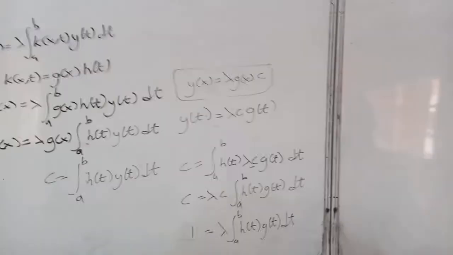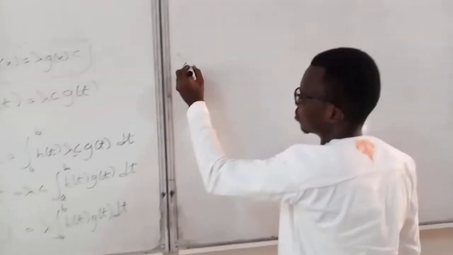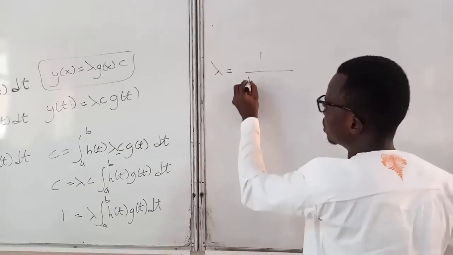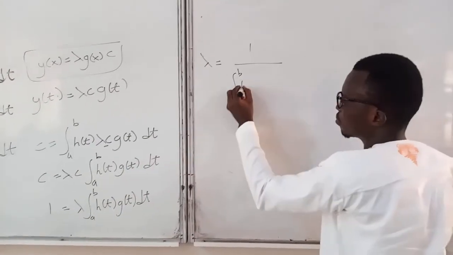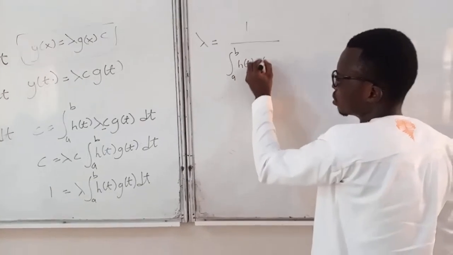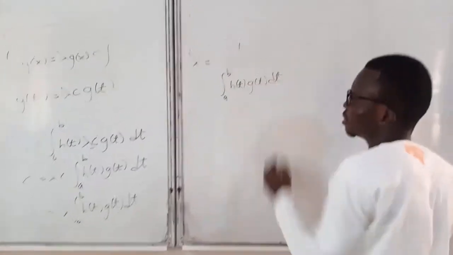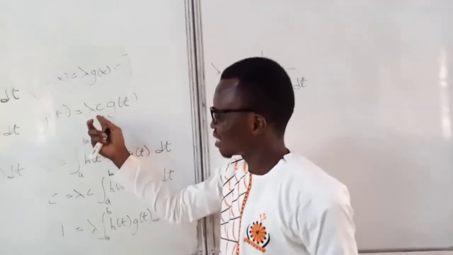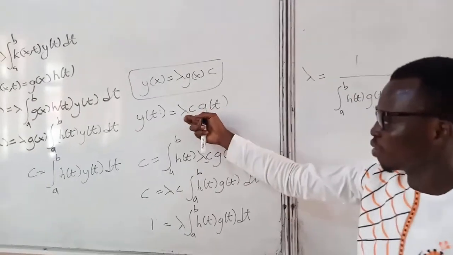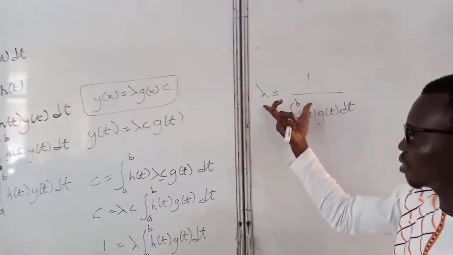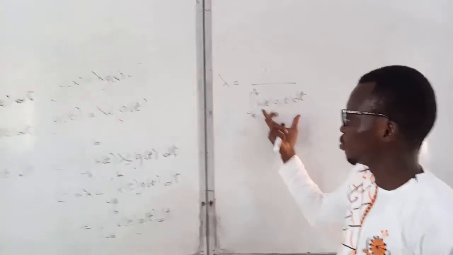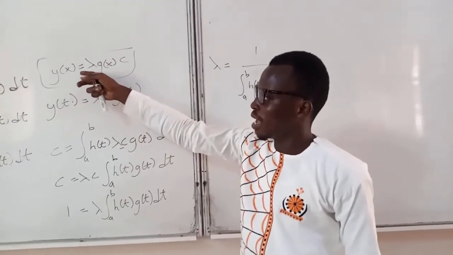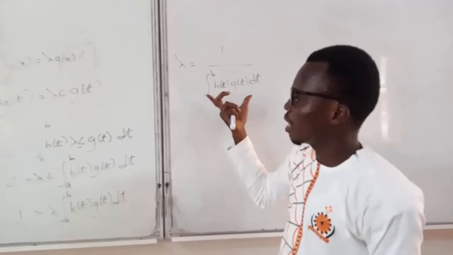So our eigenvalue becomes 1 divided by the integral from a to b of h(t) g(t) dt. Since the integral gives a constant, lambda is a constant. This is the eigenvalue. If you substitute this eigenvalue into this function, it becomes the eigenfunction.